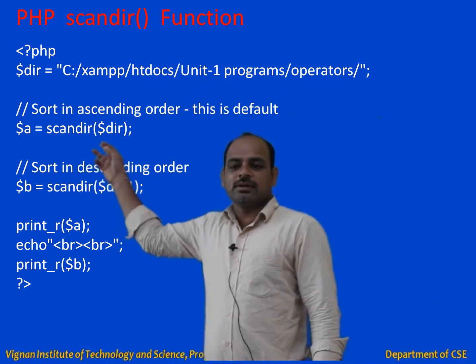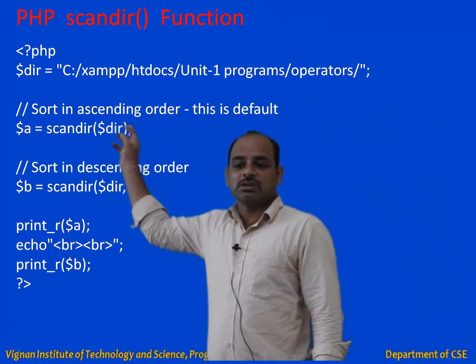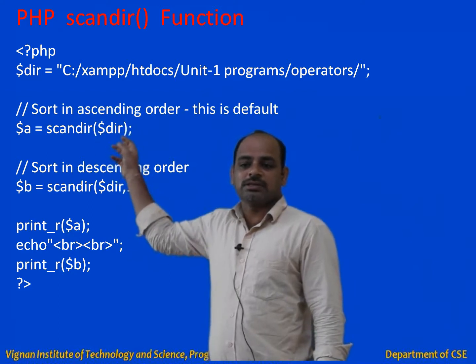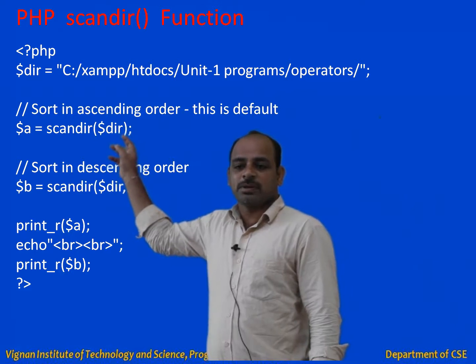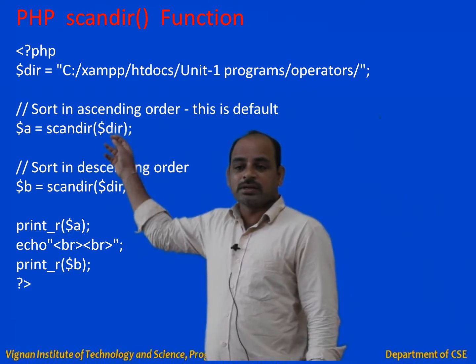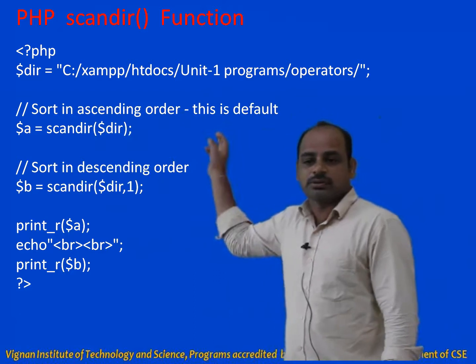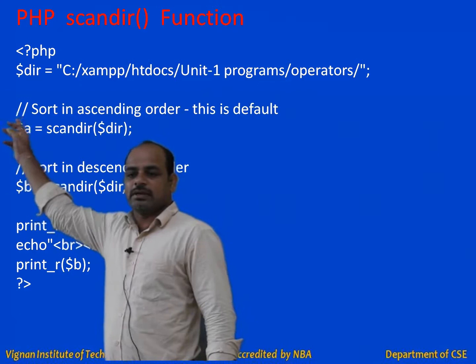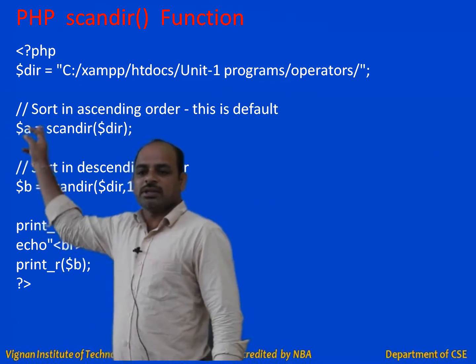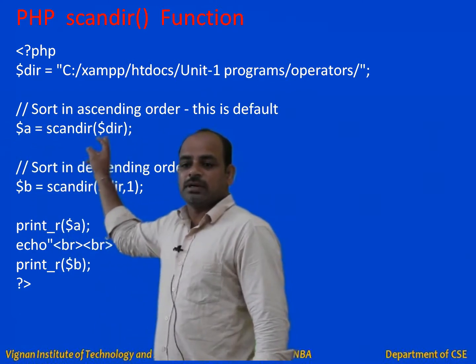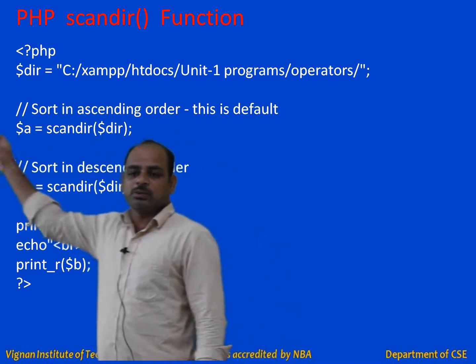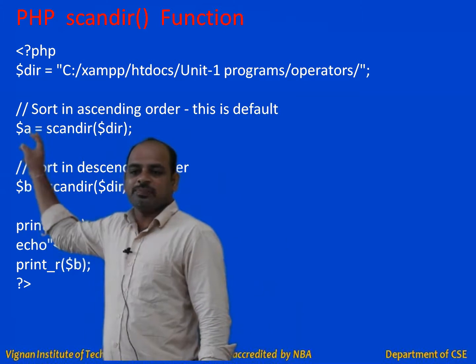It is a function which starts scanning the directory, that is the operators directory, reads the content from that operators directory, returns the content and stores it into an array here. So A is an array here, right? This array will be created. The content of the directory, that is the operators directory, will be stored into this array here, right?